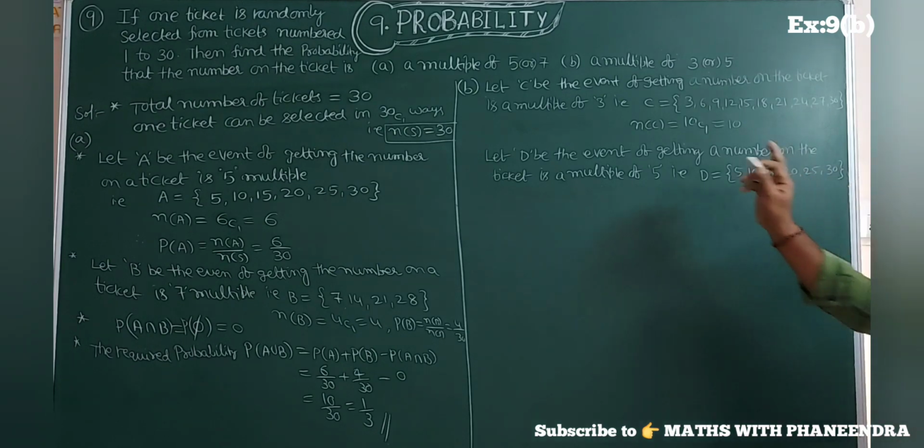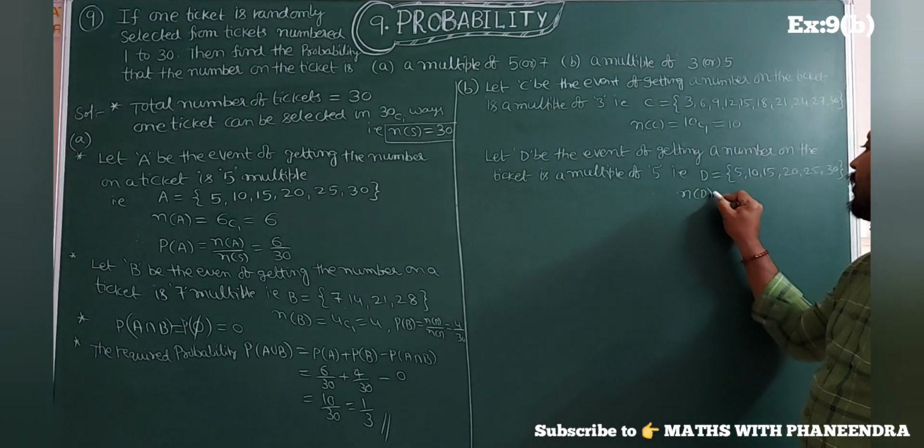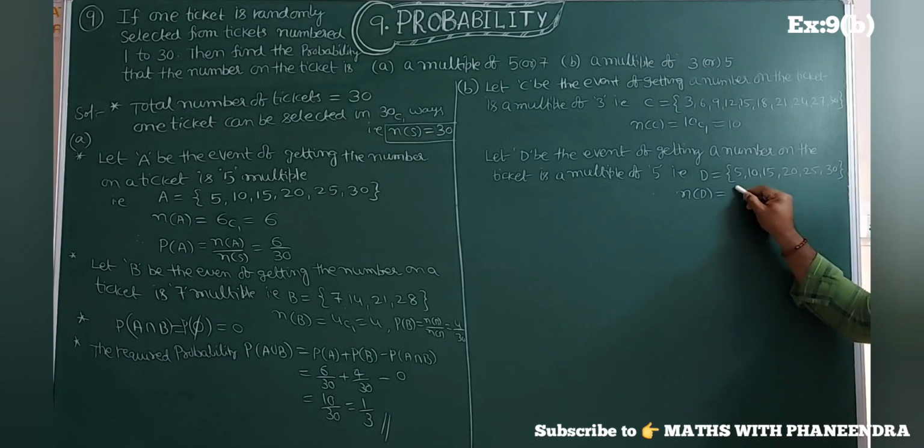From these 6 numbers, one number can be selected in n of D is equal to 6C1, that is equal to 6.